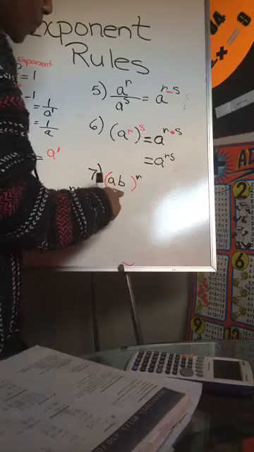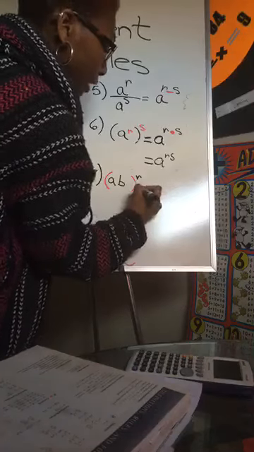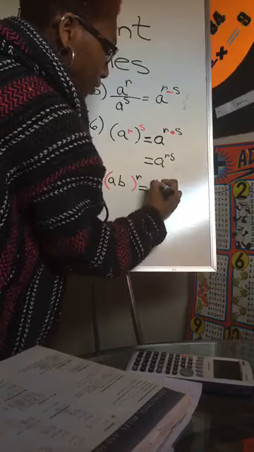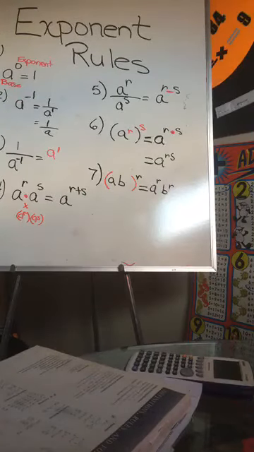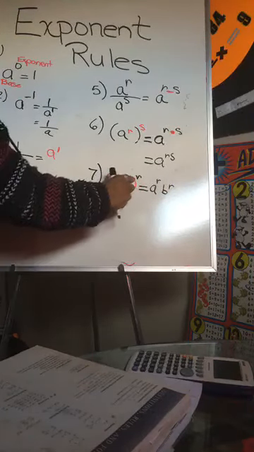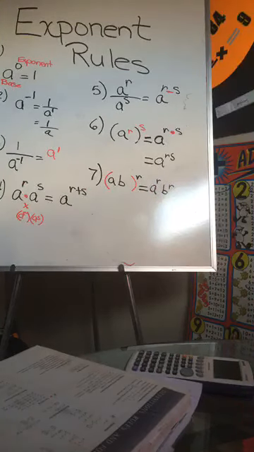Remember, this means multiplication, A times B, but everything that's in here, you have to raise to that power. So A to the R times B to the R. So that's separate. A raised to the R, B raised to the R. And you leave it just like that, because A and B are 2 different variables and you cannot multiply those. You leave it alone.